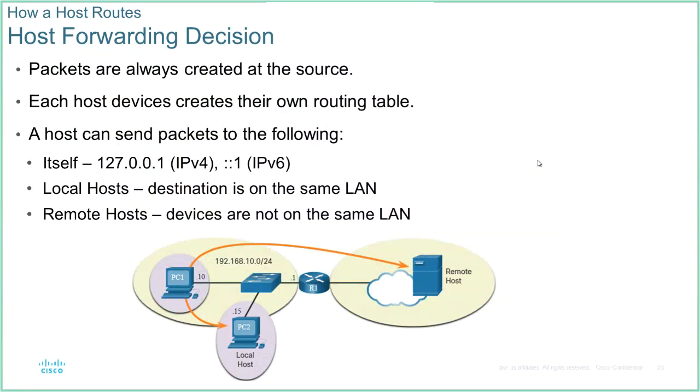Now, again, every device needs a forwarding table in it, including the host machines and our routers and switches. Depending on what type of device it is, depends on how it makes its forwarding decisions. We talked about switches using the MAC address and using a forwarding table based on the layer 2 addresses.